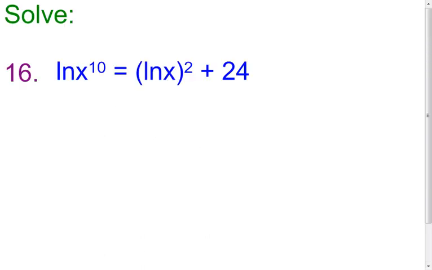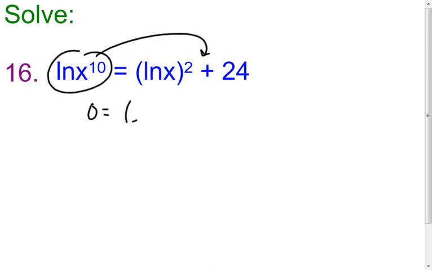All right, then this one is very different, but you're going to think of this as factoring something. And when you factor something, I am going to take this and move it to the other side. So I have 0 equals ln of x squared minus, and by the way, I can take this 10 and bring it down in front too, so that this actually becomes minus 10 ln of x plus 24.